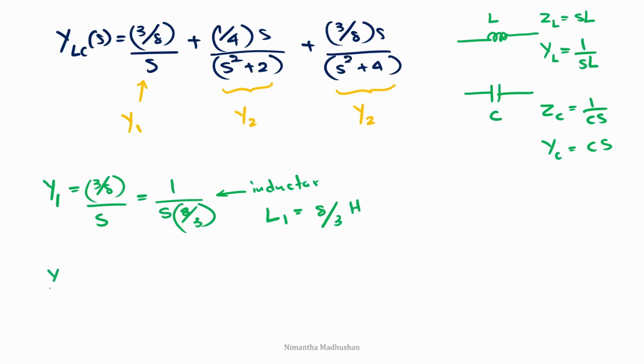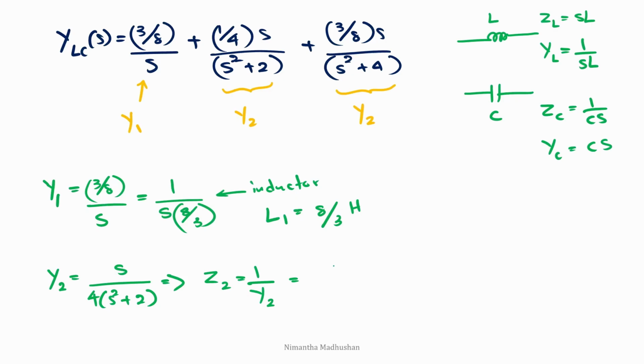Then I consider the second admittance value. It is s over 4 times s squared plus 2. We can't easily find what components are represented by this term. Then I consider the impedance value. Z2 is 1 over Y2.